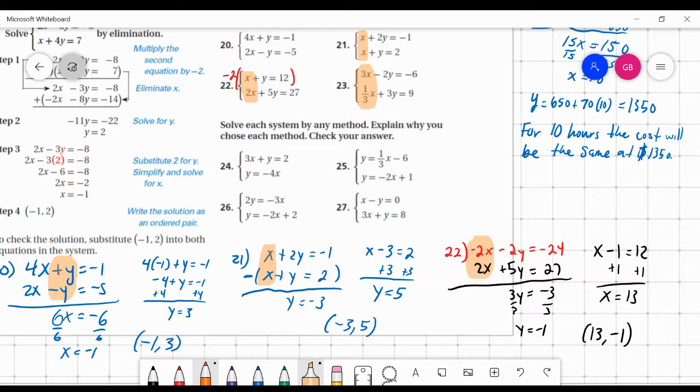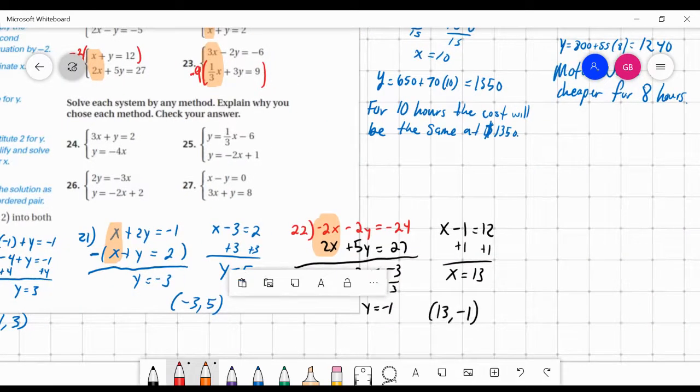So 1/3 times 9 would give you 3. So I'm going to multiply it by 9. I'm going to multiply it by negative 9 to make it so it could eliminate even easier. So I'm going to multiply everything by negative 9 for that one. So we're doing number 23.